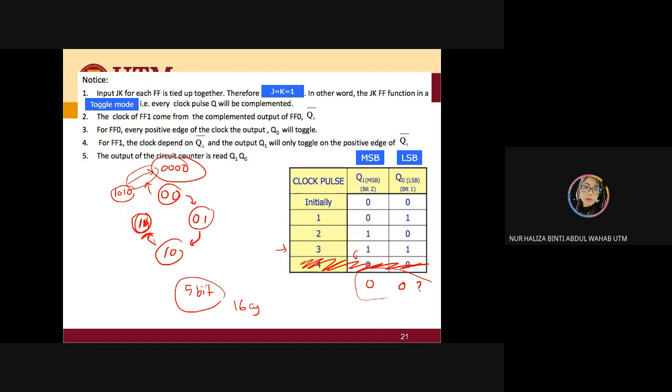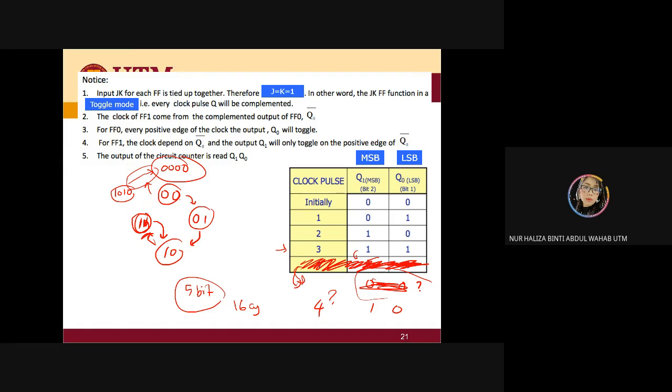But if you don't know that this is a counter and this is just following the scenario, you cannot assume, okay? You cannot assume it's going to be 0, 0 and just connect it like this. So you need to try to see what is the next cycle. If the next cycle suddenly is 1, 0, then you need to go back to here, not doing this arrow.